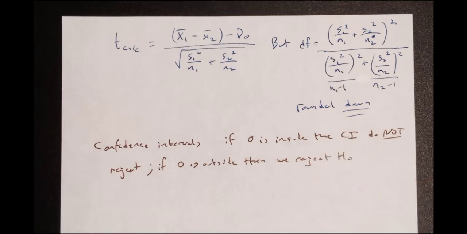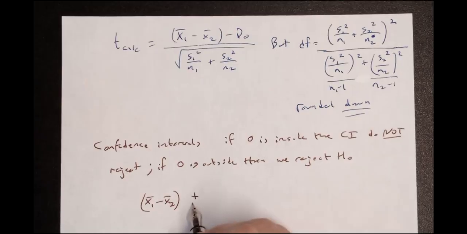But that means I should be able to build a confidence interval. So we have to figure out, when we're doing a t-test, what the t-value is to build our confidence interval. We take our benchmark. That's the estimator for our benchmark. And then we add or subtract t alpha over 2 times our standard error. Now, the standard error depends on whether we assume equal variances or not.